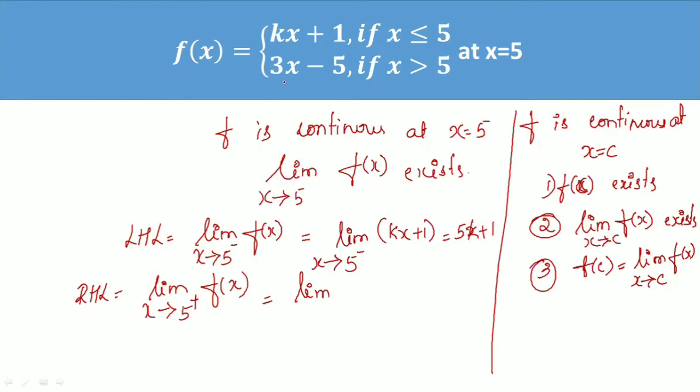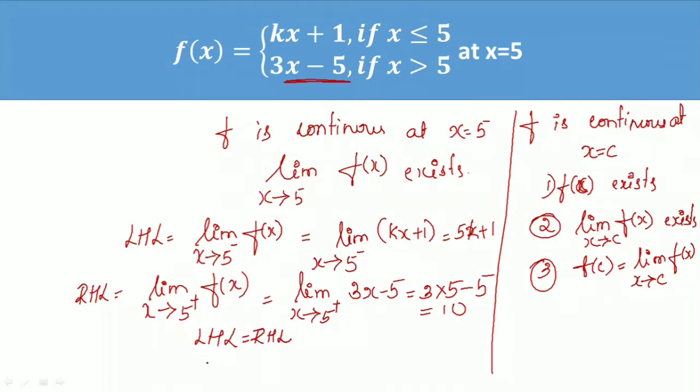When it is greater than 5, the function is 3x minus 5 as x tends to 5 from the right. So that is 3 into 5 minus 5, which is 10. So LHL is equal to RHL since the limit exists. So that means 5k plus 1 is equal to 10. So yeah, your answer is correct.